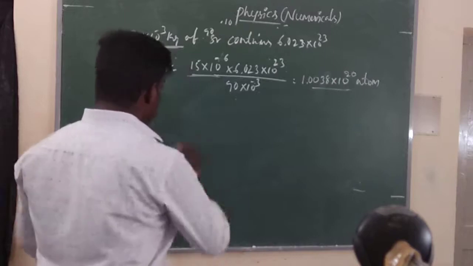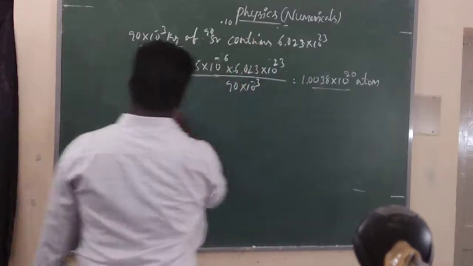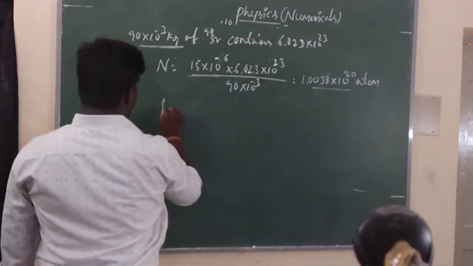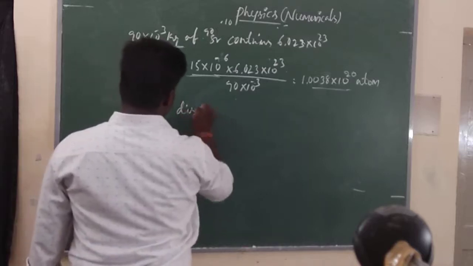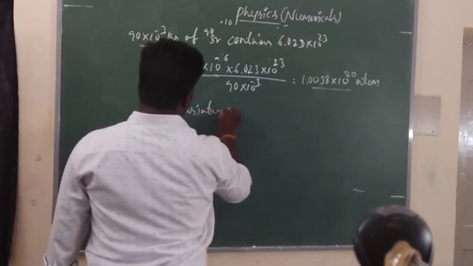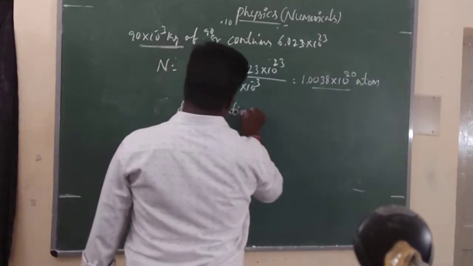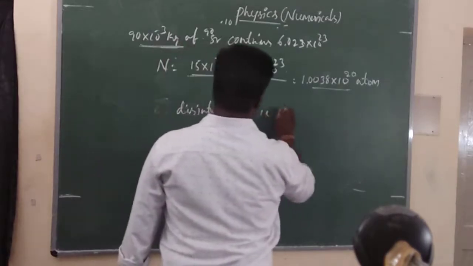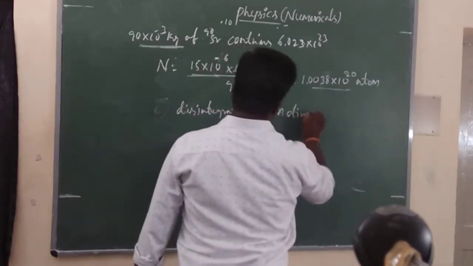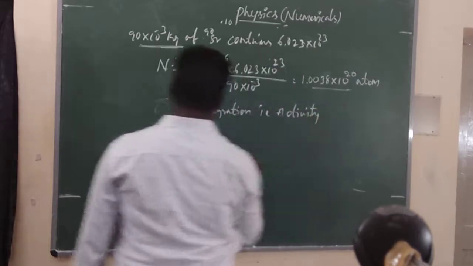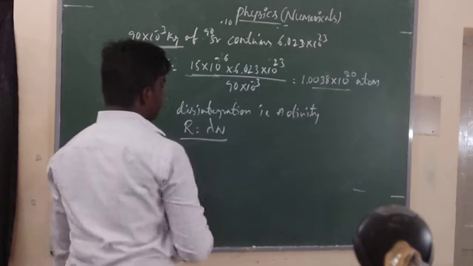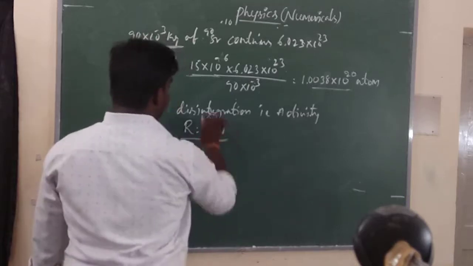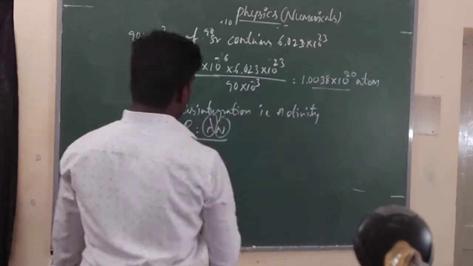Next, we have to find the activity or disintegration. The formula for R is equal to lambda into N. We know the value of lambda and N also.